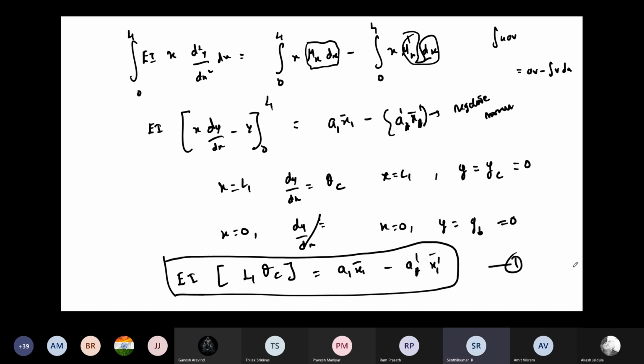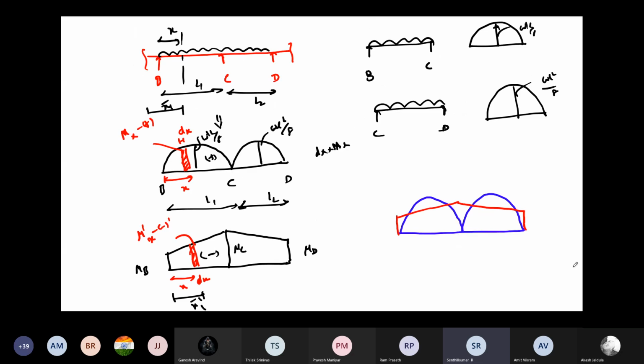Now my question is, how will you find the bending moment diagram now for A1 and A1 dash? How will you do that? What will be your A1 dash? The bending moment diagram for the normal positive moment will change with respect to loading, so you need not worry about it.